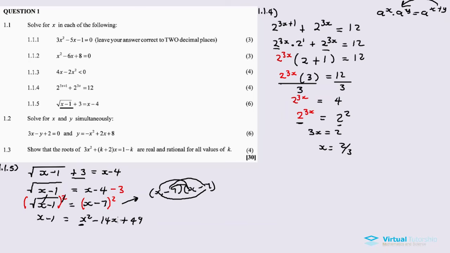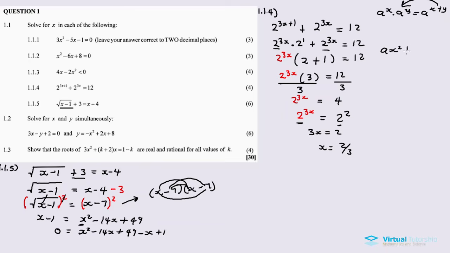You can also transpose everything to the left hand side, it's still fine, but I'm avoiding the x squared becoming negative. So after transposing the x and the minus 1, I get minus x and plus 1, so that the left side remains 0.